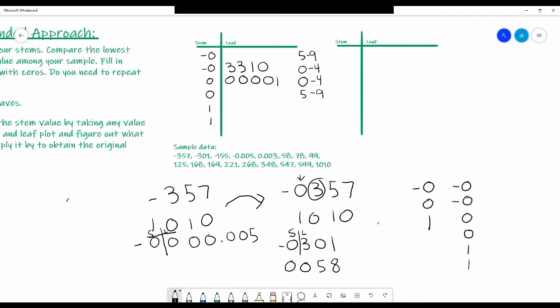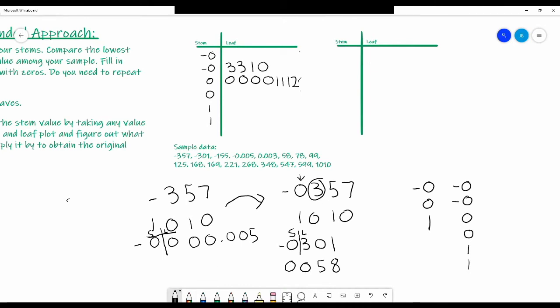After that, we have another 1 for 168, another 1 for 169, a 2 for 268. I'm just going to have to erase the brackets at the side so that I have room.